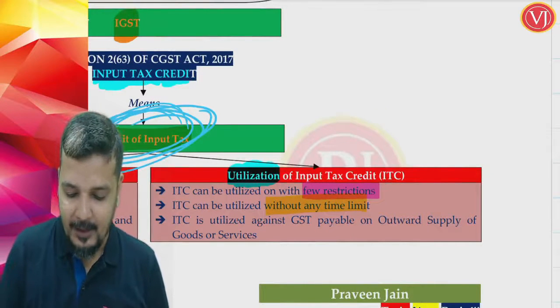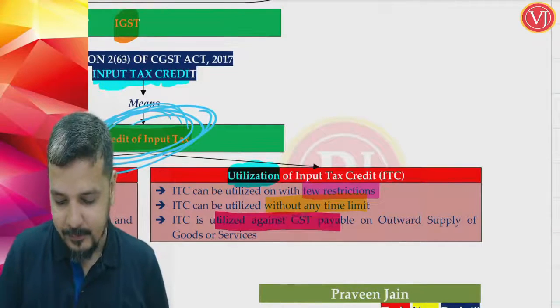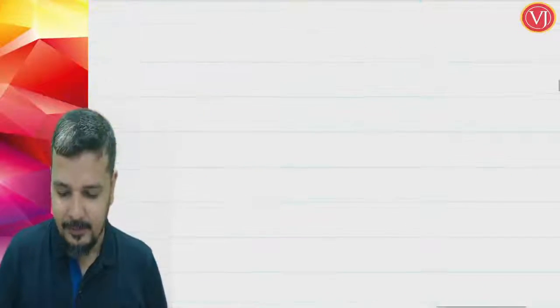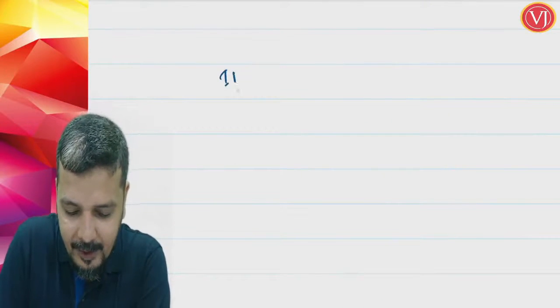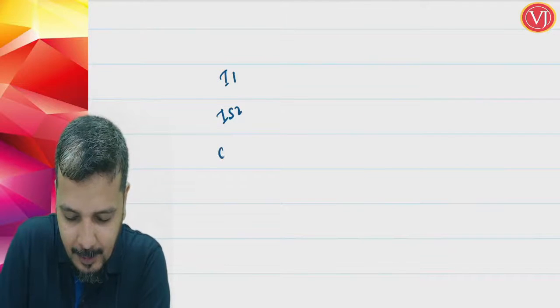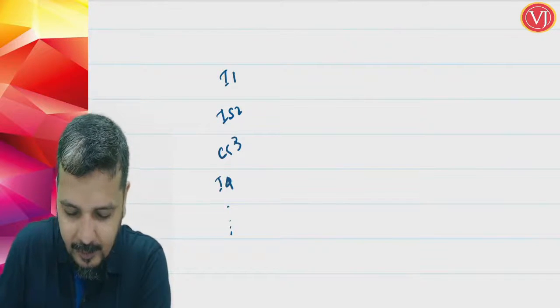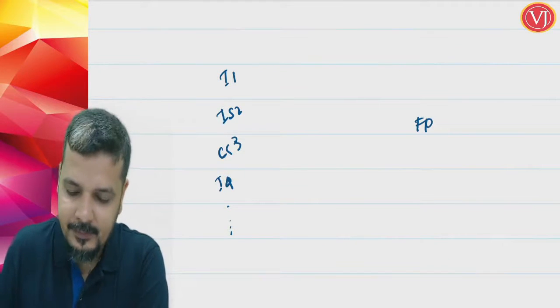For paying output tax, you are using your credit ledger. To put it in very simple terms, supposing you have input 1, input service 2, capital goods 3, input 4, etc., and you have a final product.